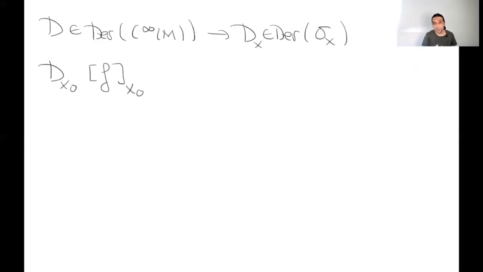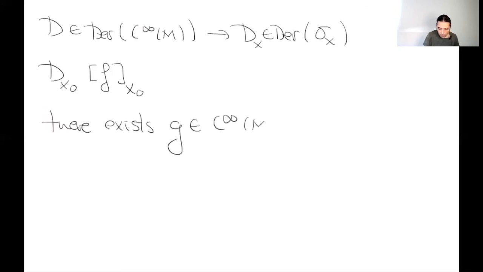Okay, f is not necessarily defined in the whole manifold, okay? And obviously we're going to define this as the image of some function by the derivation D. So we globalize it. There exists a function g which is defined in the whole M, and it is C-infinity, such that the germ of g and the germ of f at x0 are the same.